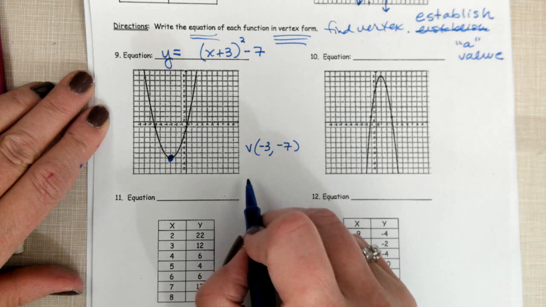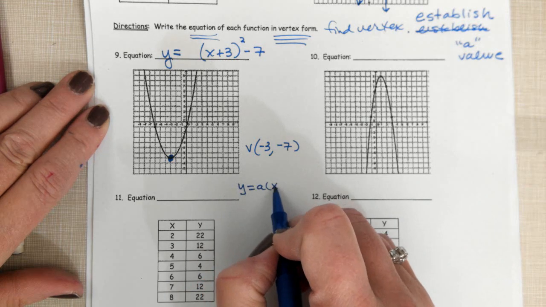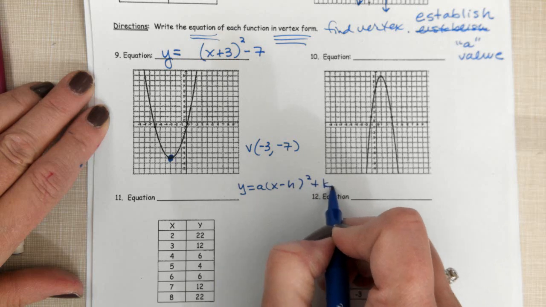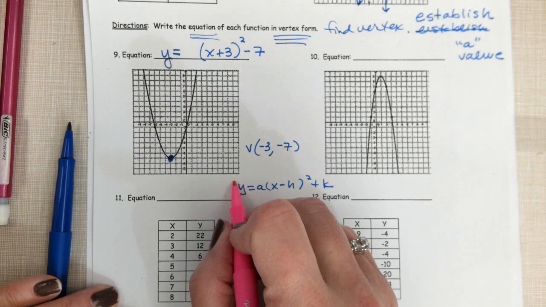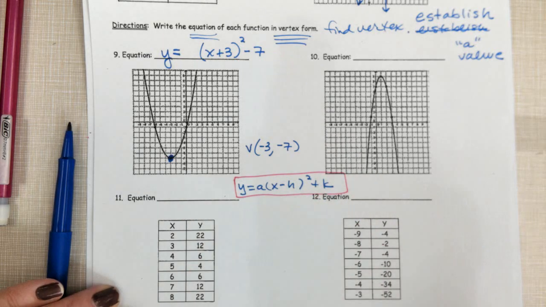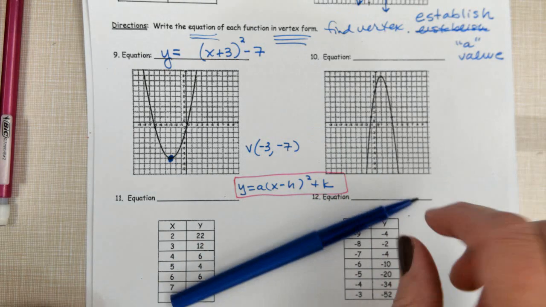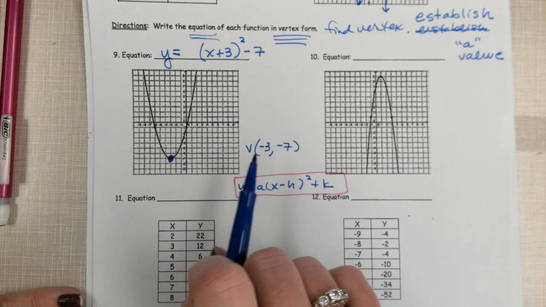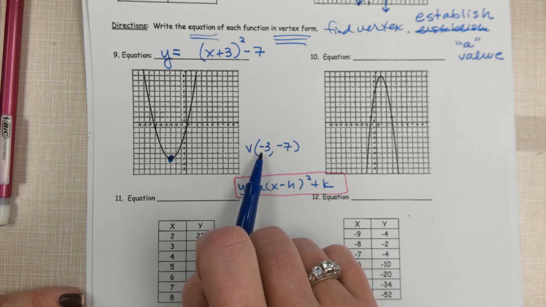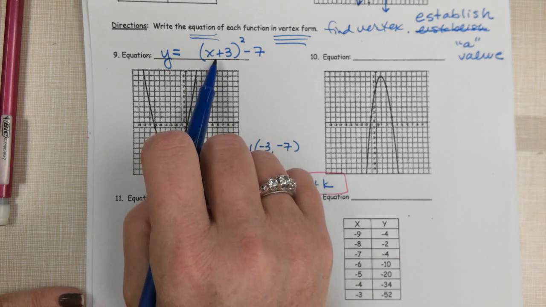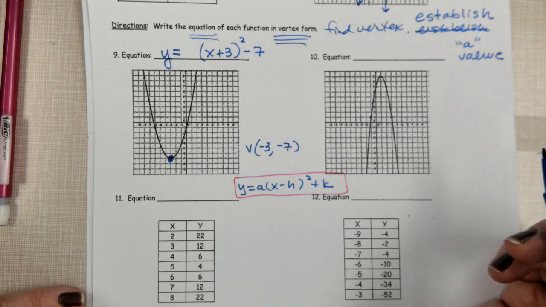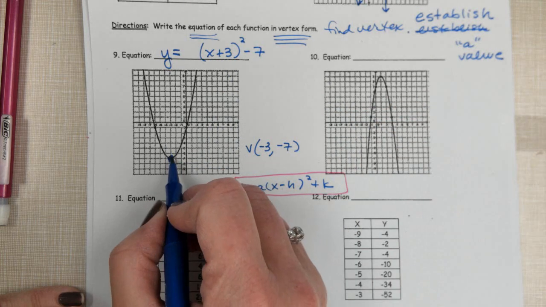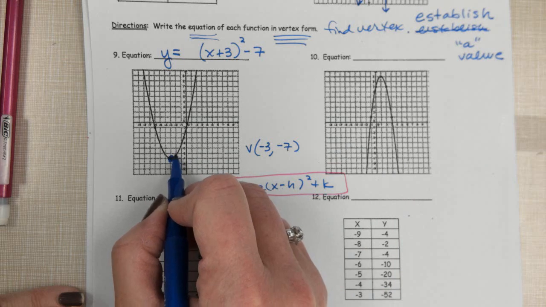Again, y equals a(x minus h) squared plus k. This is something you have got to know, because it is all semester. Be careful: minus -3 is plus 3, plus -7 is minus 7.